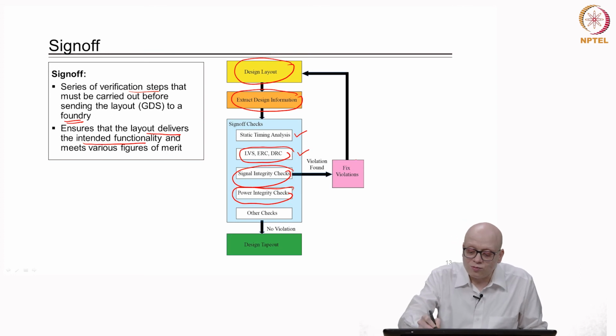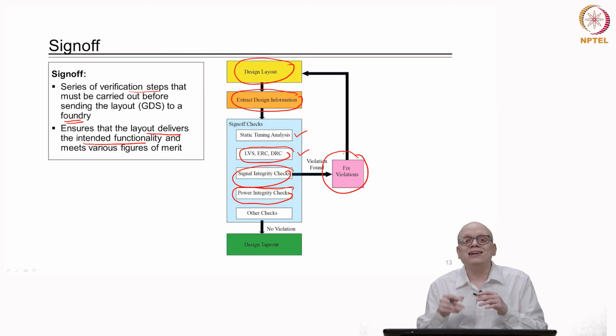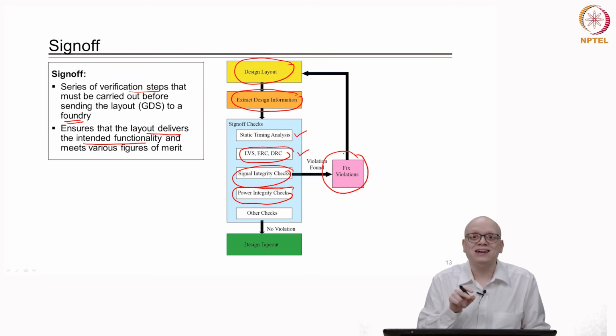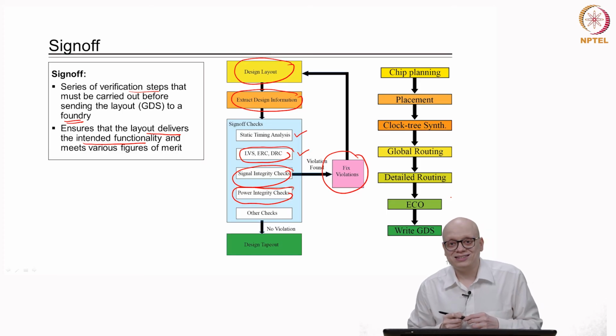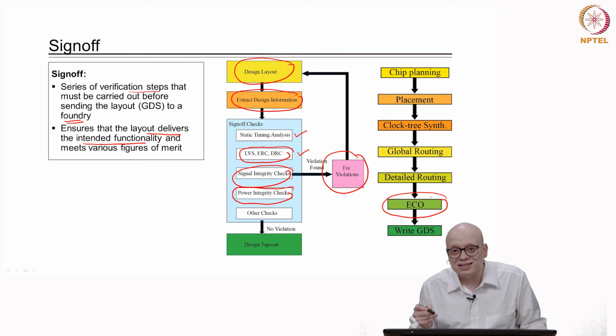Now, if we find violations at this stage, after we have done everything, how do we fix those violations? If we want to fix them, we might need to change our design. So we again go into the implementation phase. If we are lucky, then we can make changes using ECO. What is ECO? We will just see.